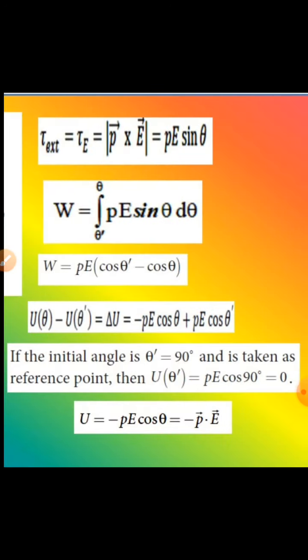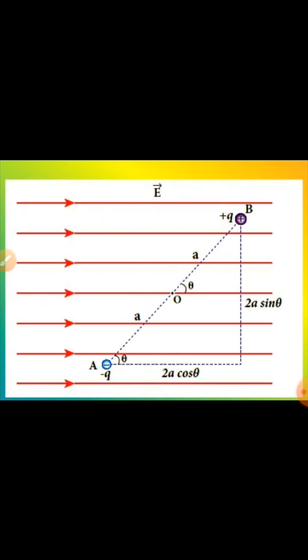Welcome students. Now we discuss the electrostatic potential energy of a dipole in a uniform electric field. Consider a dipole placed in the uniform electric field as shown in the figure.